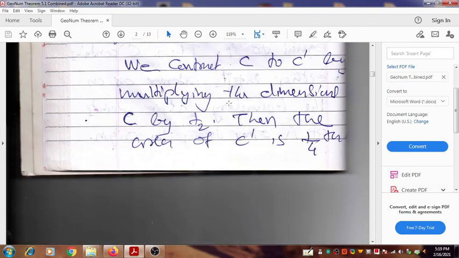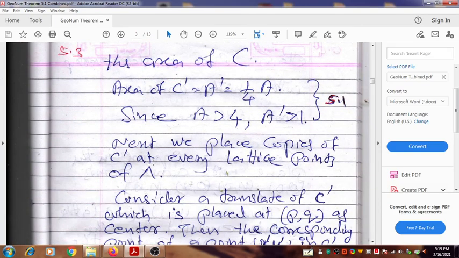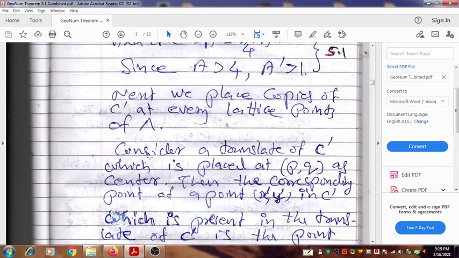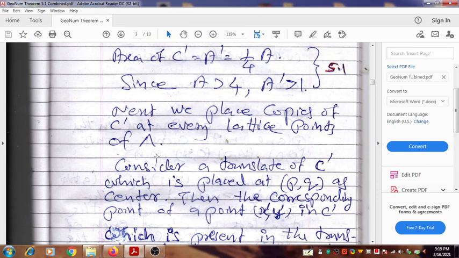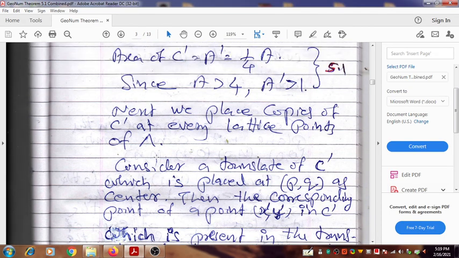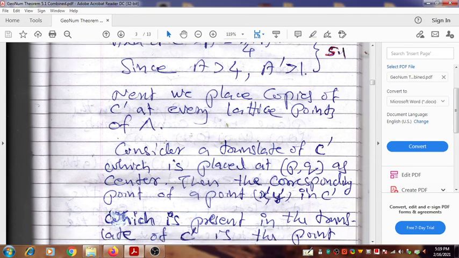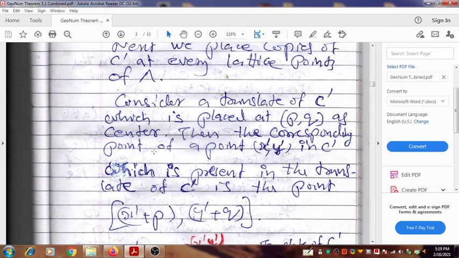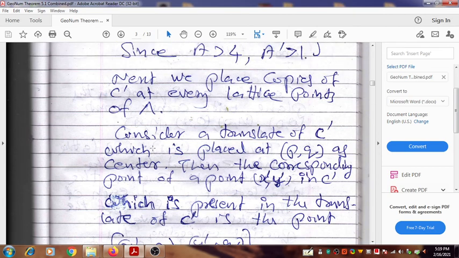We consider copies of the same M set centered at every lattice point. No lattice point is left without a copy. At every lattice point we create a copy, and we call such M sets the translates of C dash.